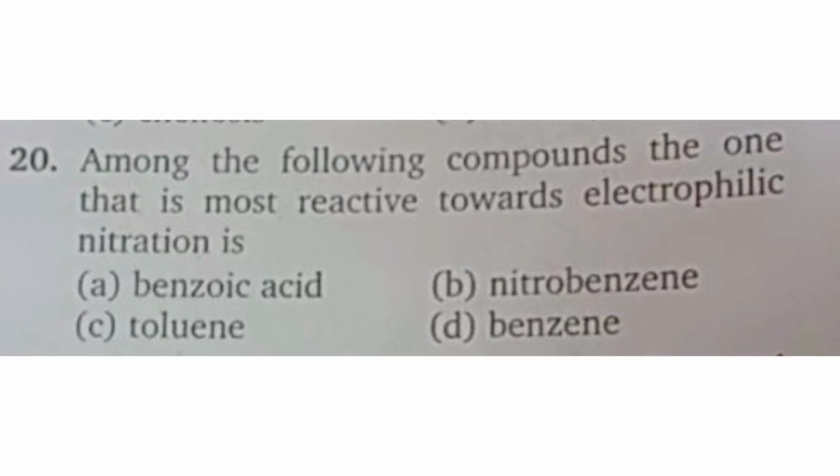The next one: among the following compounds, the one that is most reactive towards electrophilic nitration is. The options are benzoic acid, nitrobenzene, toluene, benzene. And the right one is option C, toluene.